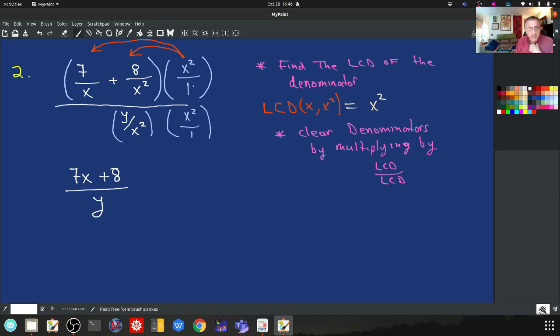Above the division line, I just have a polynomial, no fraction. Below the division line, my numerator, just a polynomial, no fraction, and I'm done. There is no further simplification because 7x plus 8 is a prime polynomial.